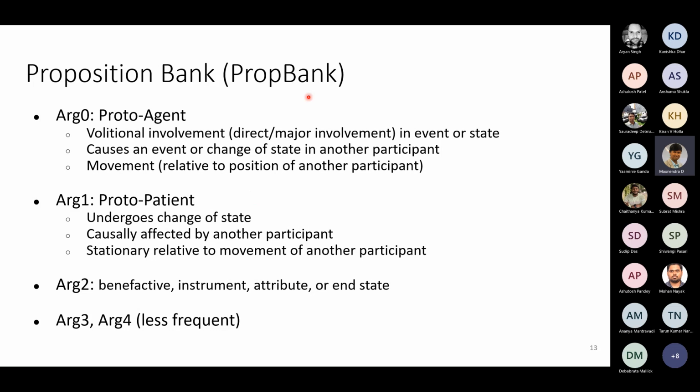In this data set called PropBank, certain phrases are marked as proto agent. Proto agents are the ones who are performing the action. Okay, so direct or major involvement in performing the action, and this is the person or entity or object that is causing an event or change of state in another participant.